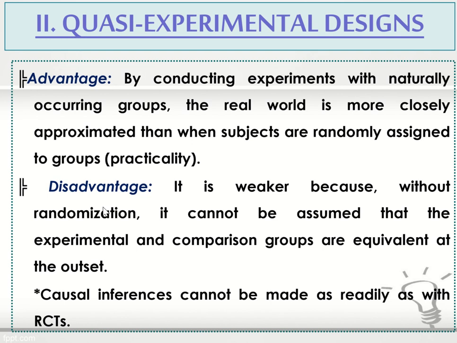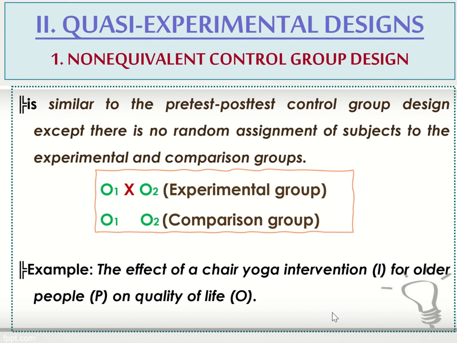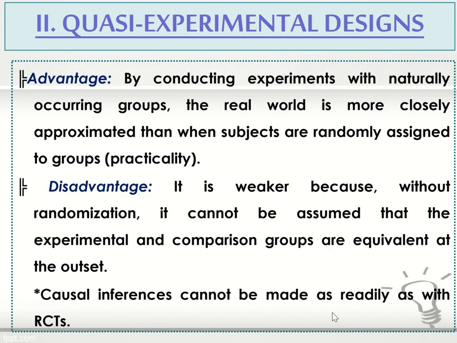Okay, that is a disadvantage because without randomization, it cannot be assumed that the experimental and comparison groups are equivalent at the onset. So causal inferences cannot be made as readily as with RCTs or doon sa ating true experimental design kanina.